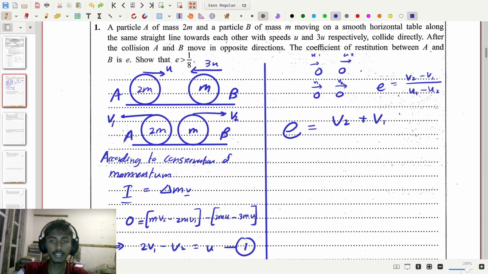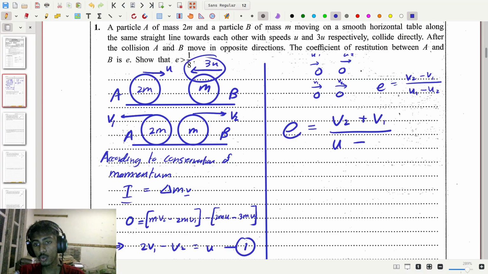And then we have that divided by U1 minus U2, and here since V2 was applied to the second object, then U2 is going to be this velocity, and therefore U1 is this velocity. So according to that, we have U1 in the rightward direction. That's going to be U1, which is U, and then minus, but then we have negative 3U, and then you have minus negative 3U, which means the final answer is going to be plus 3U.